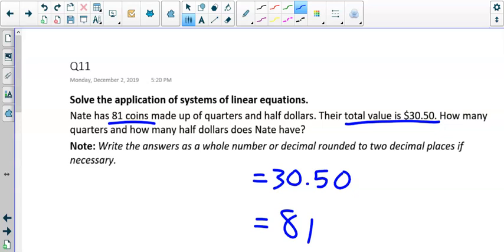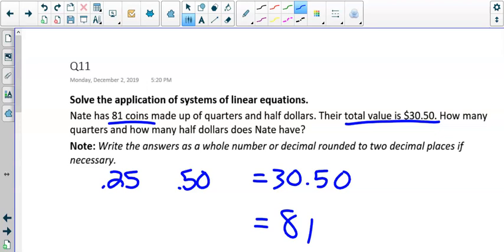So when I write this equation, because this is over here in dollars, I can't just put 25 and 50 over here. They need to be as their decimal versions: 0.25, 0.50. You follow me on that?